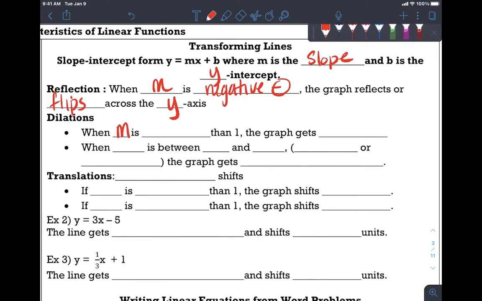So when m is greater than 1, the graph gets steeper. When m is between 0 and 1, such as a decimal or a fraction, the graph gets less steep.